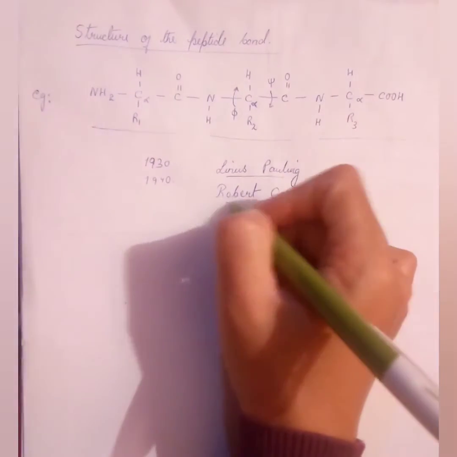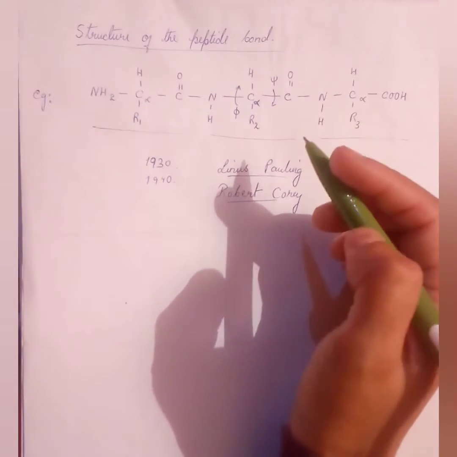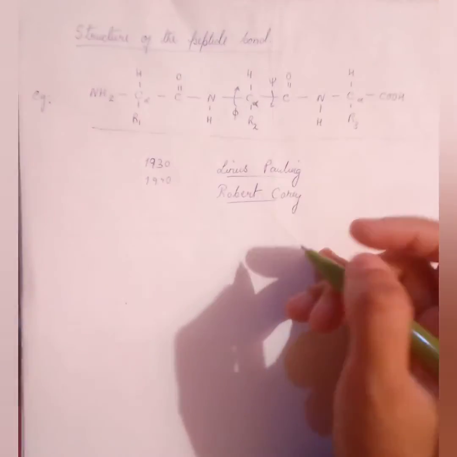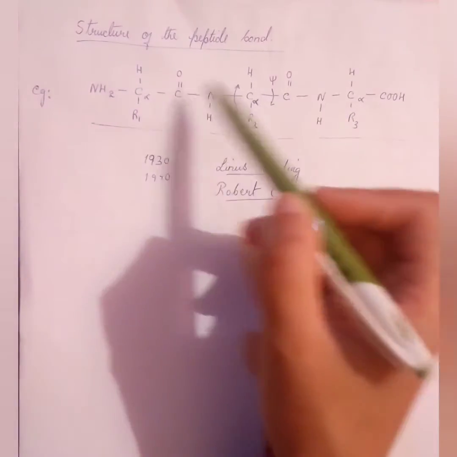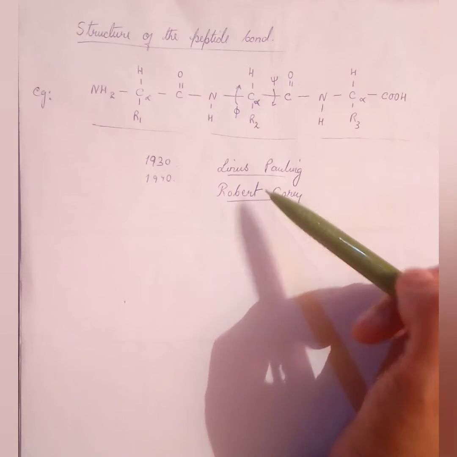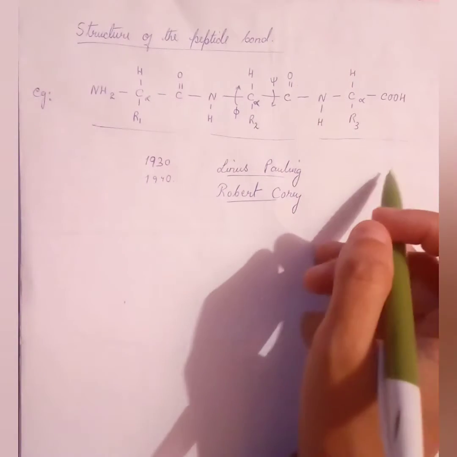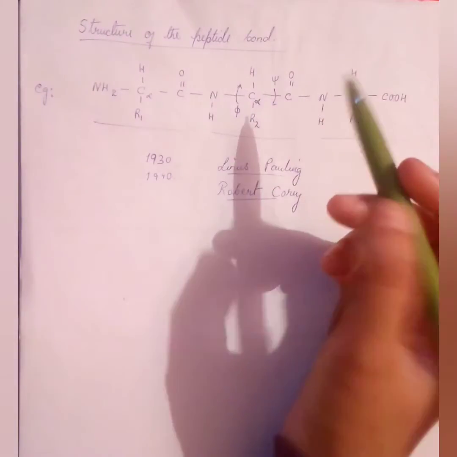These two people determined the X-ray structure of several protein molecules, because we know that proteins are made up of amino acids which are joined together in this way. They proposed the essential features of a peptide unit, of a peptide bond.